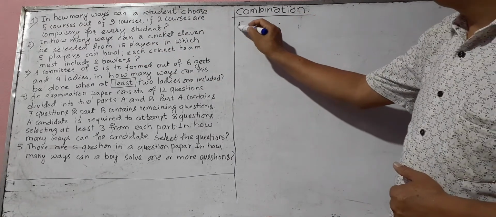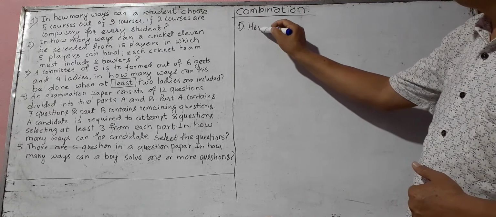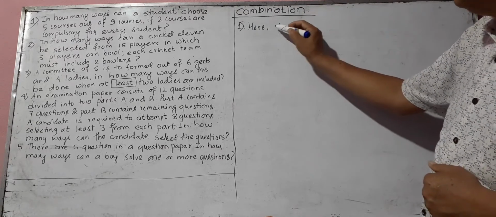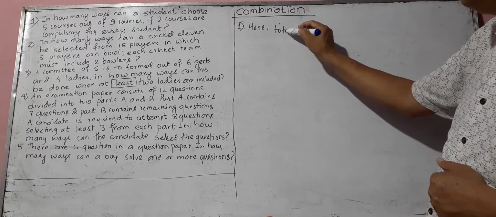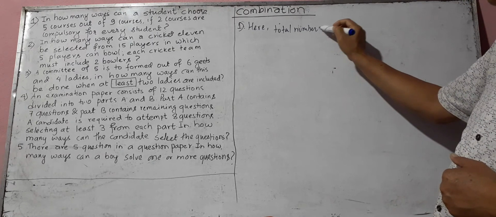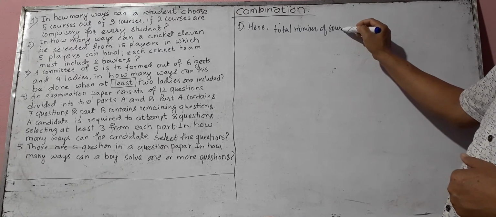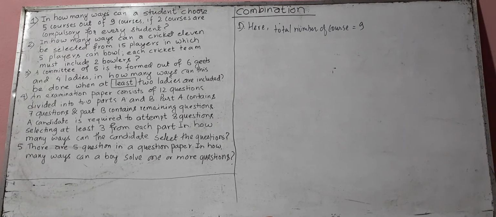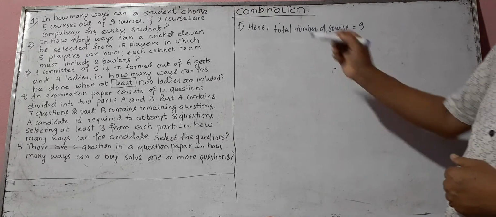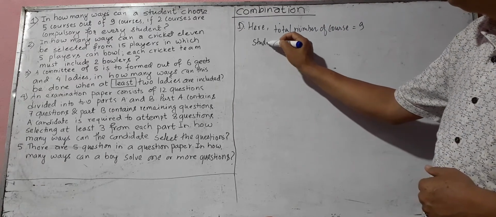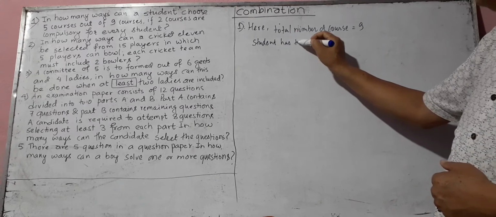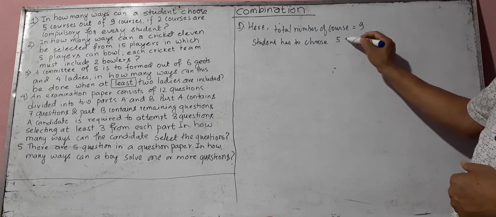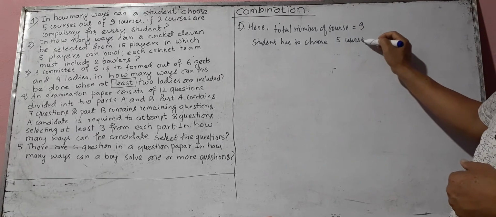So, in the solution, the total number of courses is 9, and the student has to choose 5 courses.